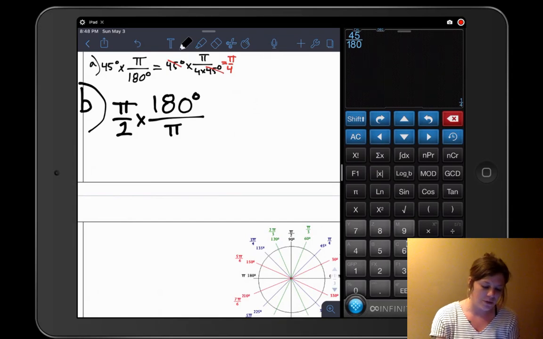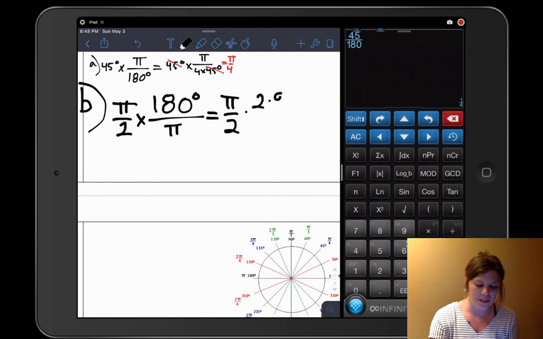I could just make that step, but let's do the step so that we have it done. Pi over 2 times 2 times 90 degrees over pi. The pi's simplify to 1 and the 2's simplify to 1, and so our final answer is 90 degrees.